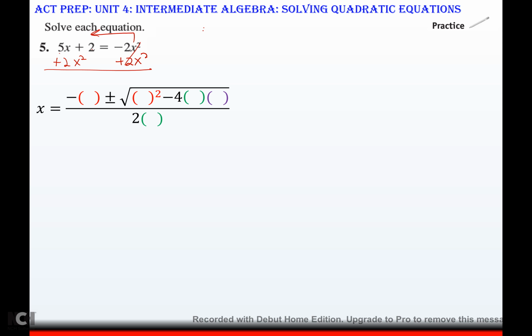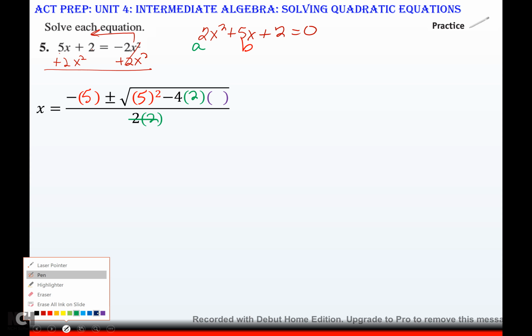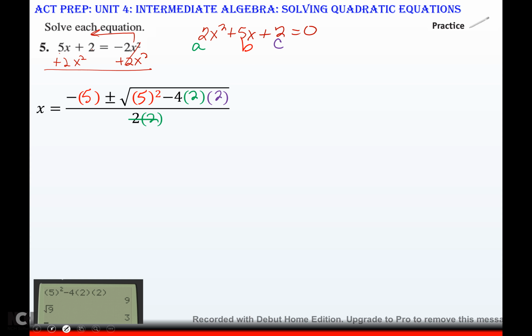In order, the other side would be 2x squared plus 5x plus 2 equals 0, which now tells me that b is positive 5 and a is positive 2 and c is positive 2. And I type in what's underneath so I don't screw it up, and I get 9. So my solutions are x equals negative 5 plus or minus the square root of 9 all over 4.